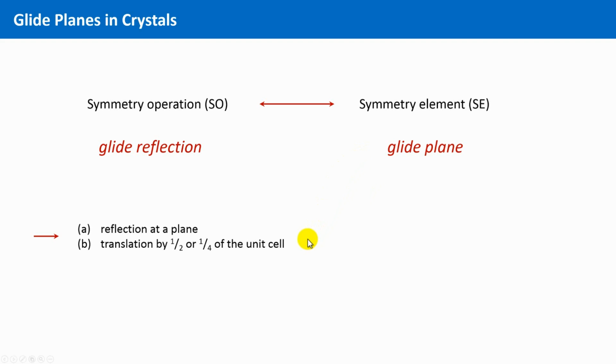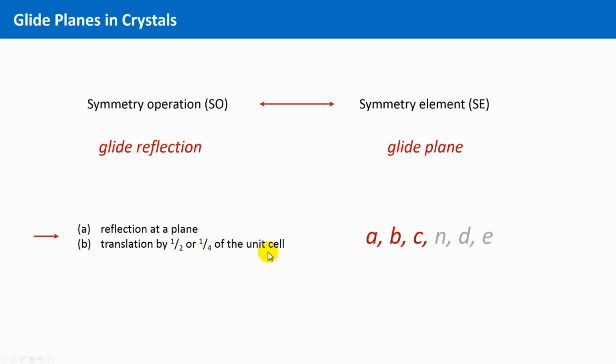This means one after the other. First a reflection and then a translation by usually one half of the unit cell. One thing that is special about glide planes in crystals is that also glide planes exist where the translation component amounts to only 1/4 of the unit cell.